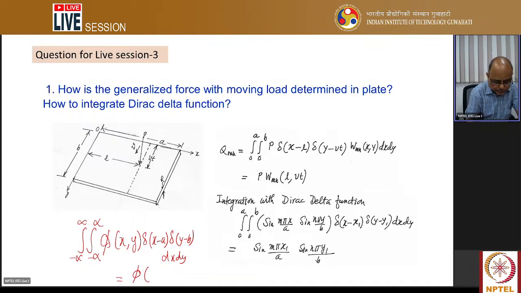So phi is evaluated at x equal to a and y equal to b. So the value of the integral will be like that. This is used to evaluate the generalized force in the case of a plate with the moving load, with the help of integration using the Dirac delta function. Here double integration is involved.